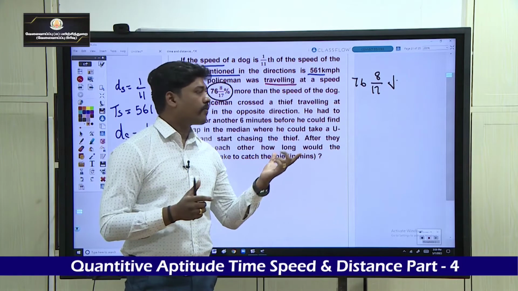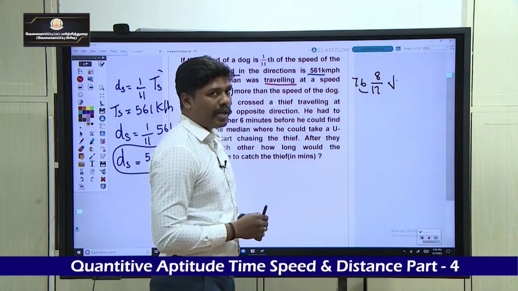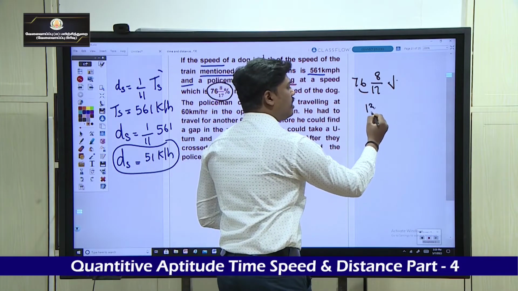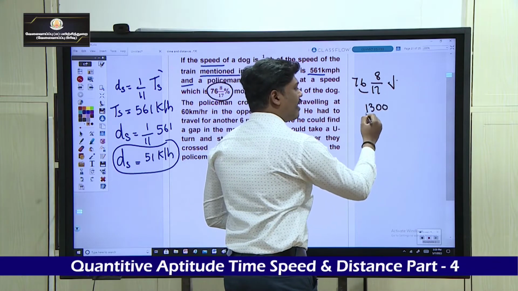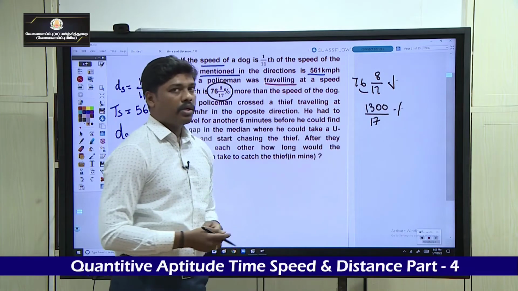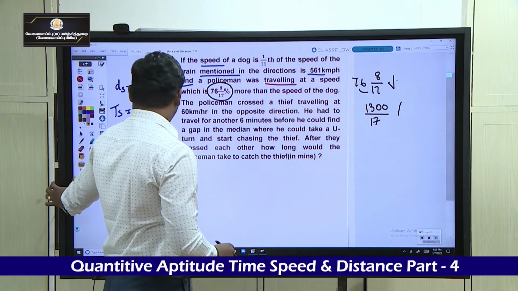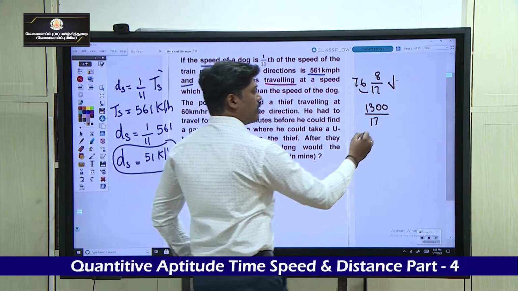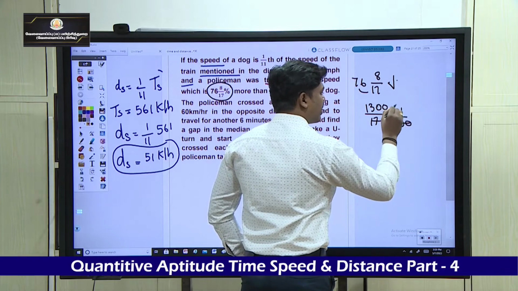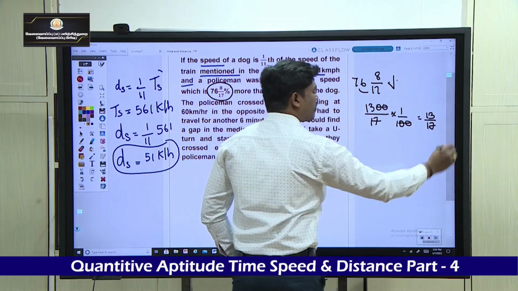Convert to fraction, which means 76 into 17, you will be getting 1292 plus 8, which is 1300, divided by 17 percentage. So to remove percentage, what do we have to do? Divide by 100. So what happens? The zeros cancel. So 13 by 17.